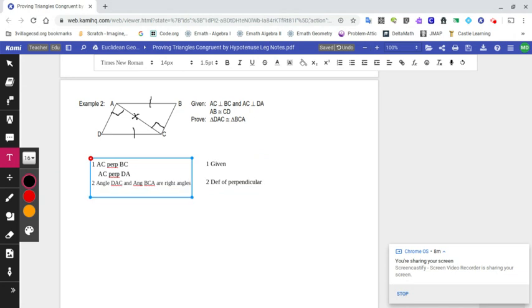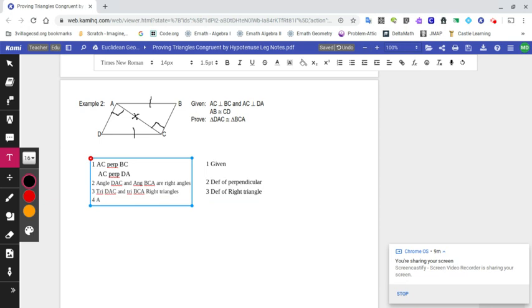Step 3, that makes triangle DAC and triangle BCA right triangles, by definition of right triangle. Now that I've established that they are right triangles, I can go ahead with my hypotenuse leg proof.